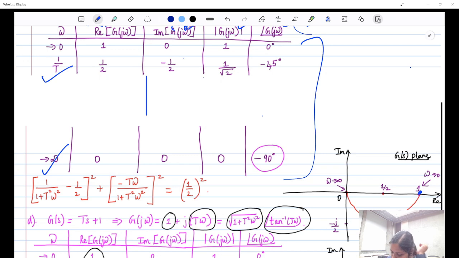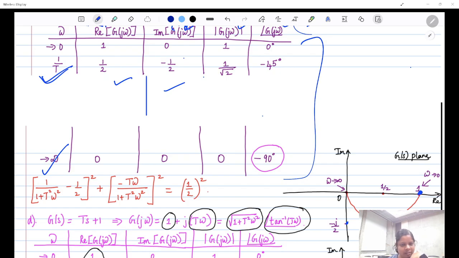If we move to the 1 upon T case, it's 1 by 2 and minus 1 by 2. So x is 1 by 2 and y is minus 1 by 2, so it's going to lie here. Even now we don't have any sense, we just know that we have got 2 points. One point is here, one point is here. I don't know where the third point lies.